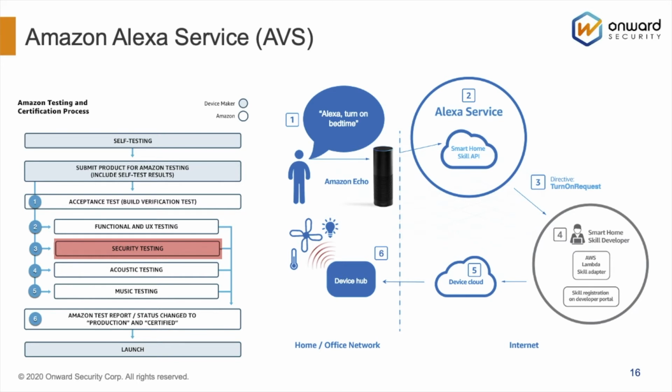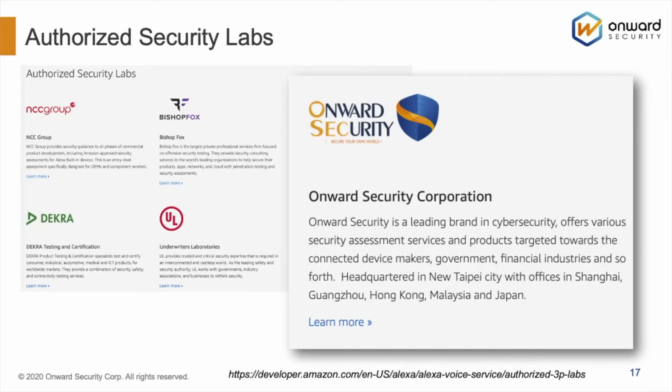So there are 5 different kinds of testing, and one of them is cybersecurity testing. For the security testing, Amazon will ask you to find an authorized security testing lab, and there are only 6 security labs authorized by the Amazon Alexa team, and our security is one of them.